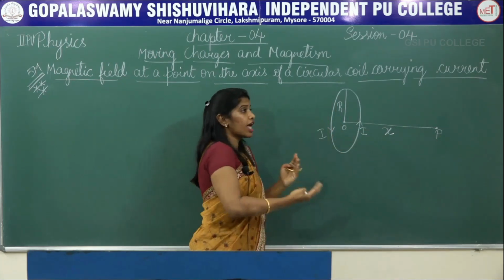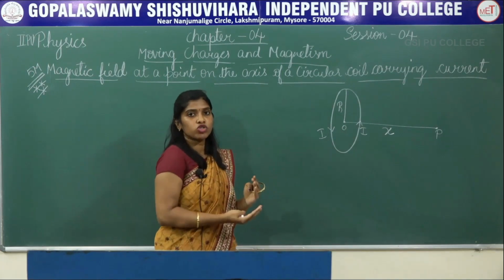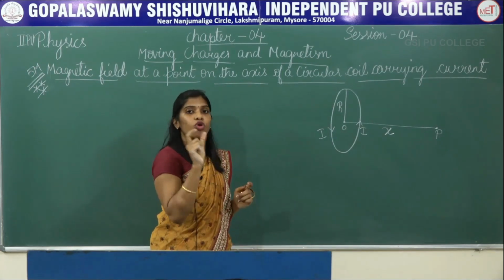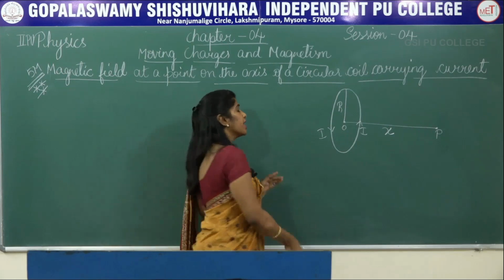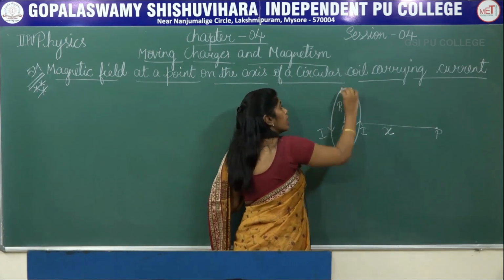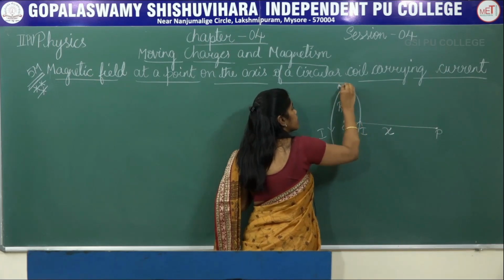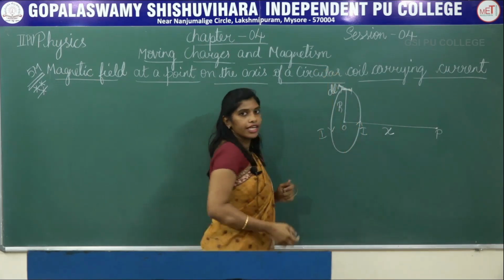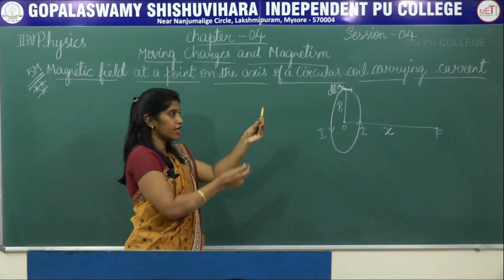Now as we have derived earlier in Biot-Savart's law, we consider a small current element. Similarly, I am going to consider a small current element here, dl.